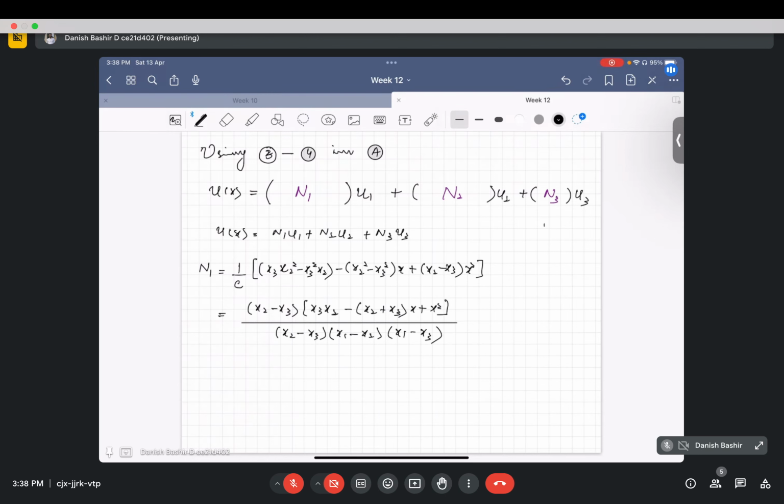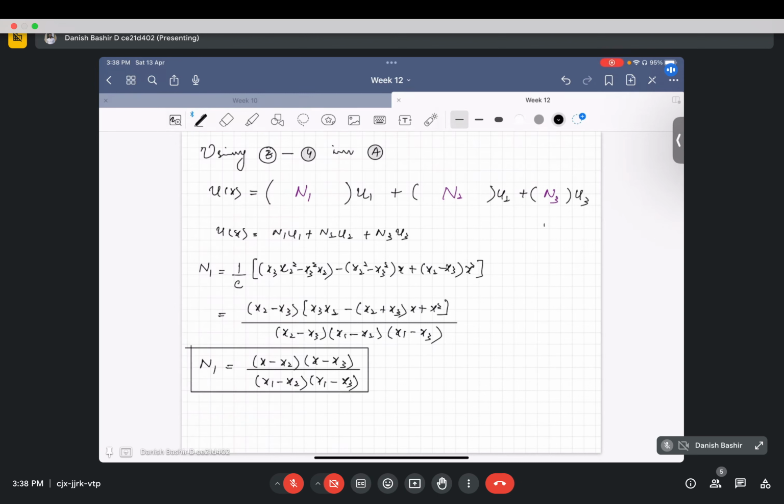There is cancellation of some terms, and N1 comes out to be finally (x minus x2)(x minus x3) divided by (x1 minus x2)(x1 minus x3). This is the value of N1.